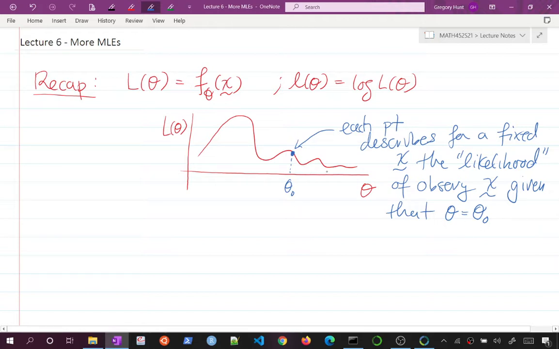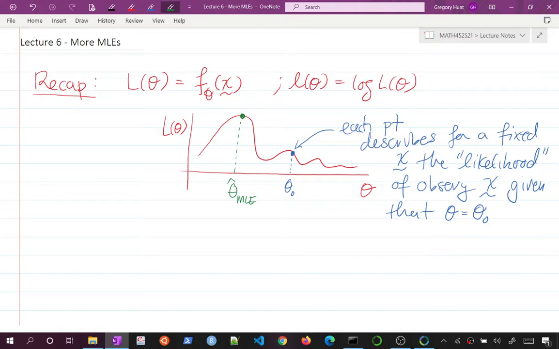And so I could try this out for each of my different values of theta, and a reasonable principle, it would seem, is that the value of theta that I should estimate, which we call theta hat MLE, should be the value that maximizes my likelihood. Basically all I'm saying is I'm going to guess. I don't know what theta is. It's unknown. I've observed some data, and this data should tell me something about this unknown parameter theta.